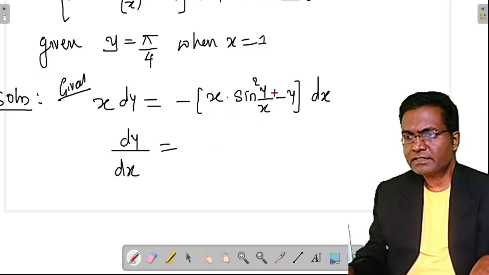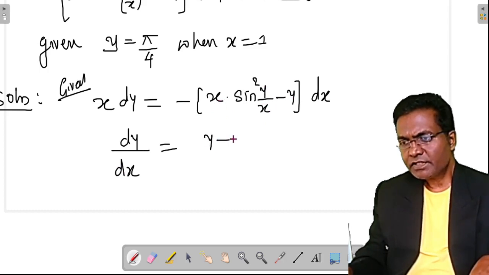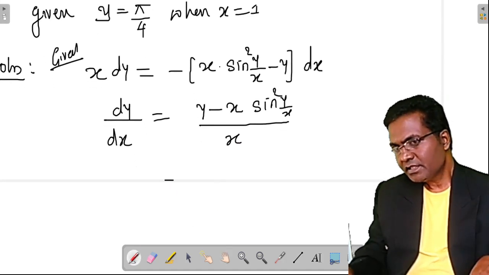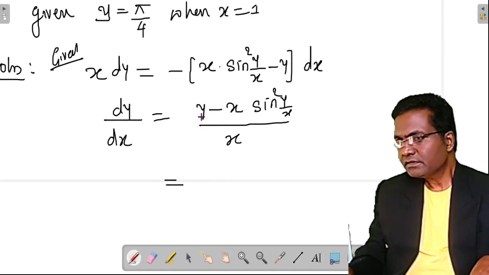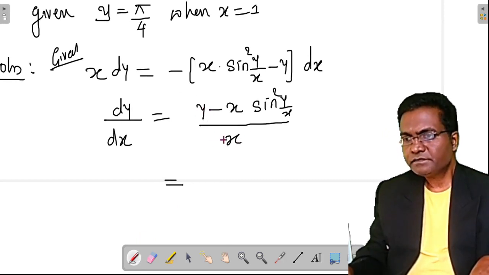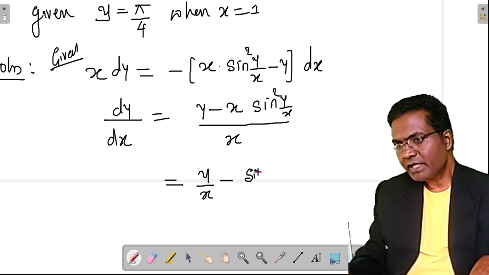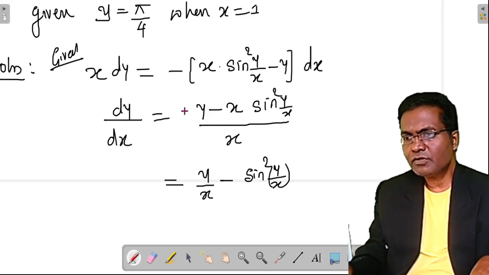So I can write this, take minus inside, so it is y minus x sine square y by x divided by this x down. Now see here, if you divide it by x, you will get y by x minus x by x is 1, so you can write like this. It is equivalent to taking x common in the numerator.